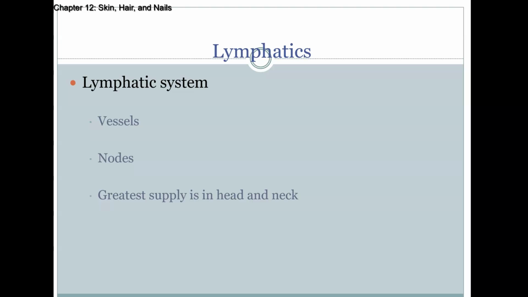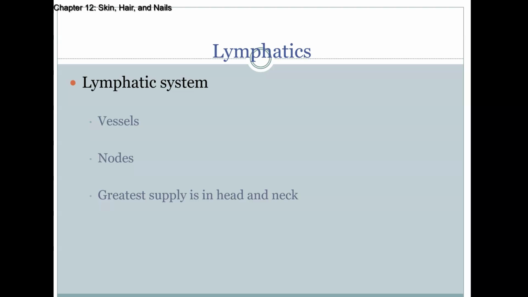Well, a lot of times if you get cancer, so you get a nodule or something within it that's not supposed to be there, then you can no longer fight, or it disrupts the action of that particular lymph node.